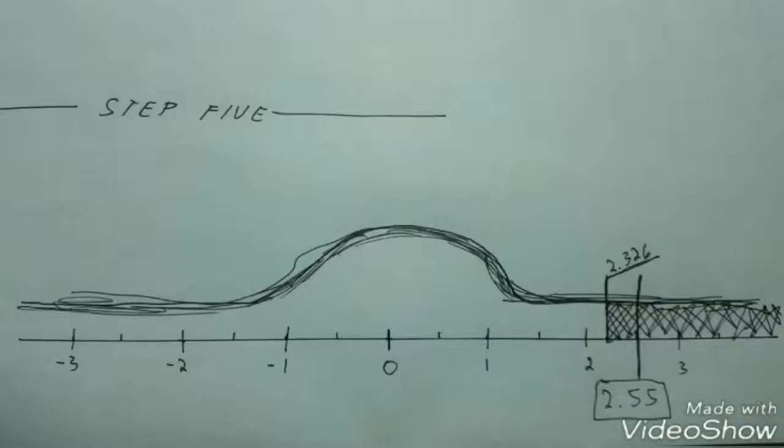So we will now go to step 4 and plot 2.55 there also. As you can see, 2.55 has been plotted on the shaded part. So that means we shall accept HA.